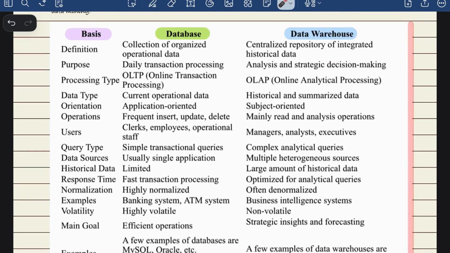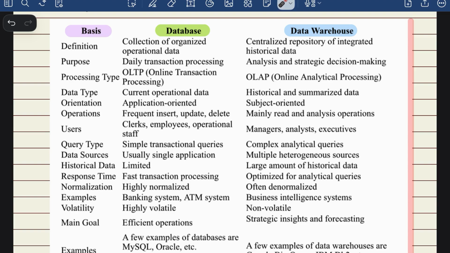So quickly, without wasting any time, let's look at the tabular difference which might be asked in your exam. First is the database definition. I hope it's clear. So what is the purpose? The purpose of a database is daily transaction processing, whereas a data warehouse is used for analysis and strategic decision making.